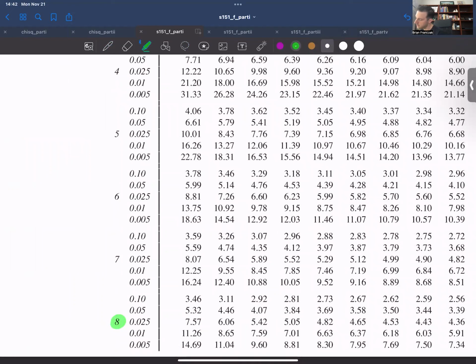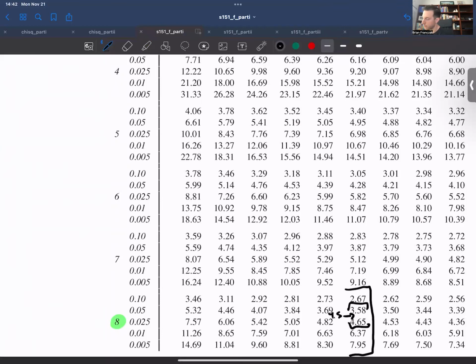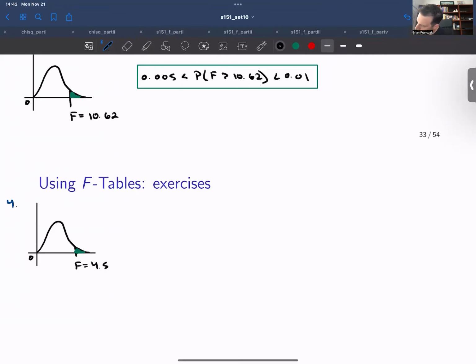So 6, 1, 2, 3, 4, 5, 6. So we're in this slot here. Our test statistic is 4.5. You can see that 4.5 sits in between 3.58 and 4.65. So that means that our area of interest is in between 0.025 and 0.05. So here we would say 0.025 is less than the probability, which is less than 0.05.